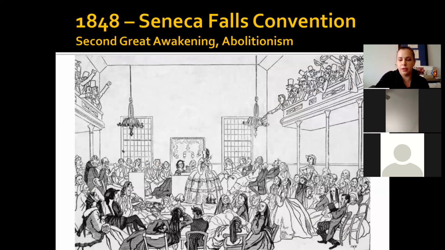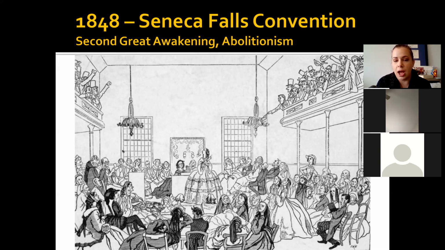And this leads us, we are going to end with 1848. 1848 is a very important time period when we look at the social change in the United States. The United States has just won the Mexican-American War. We have the Mexican Cession Territory, and slavery continues to spread.